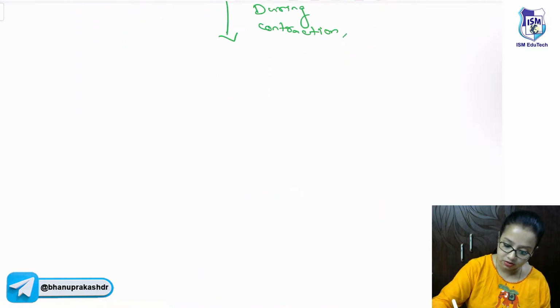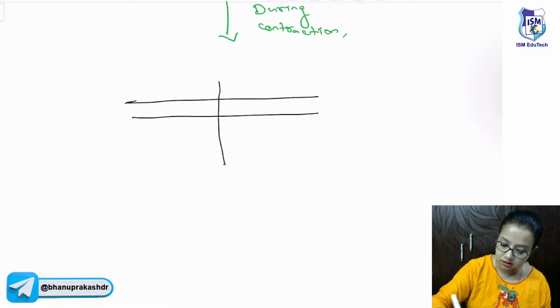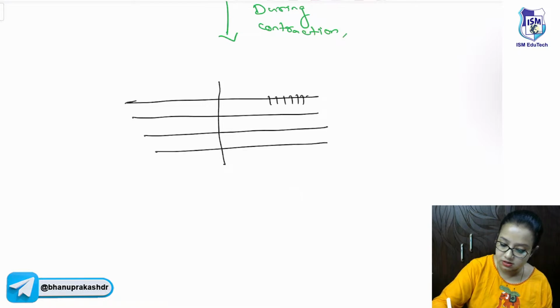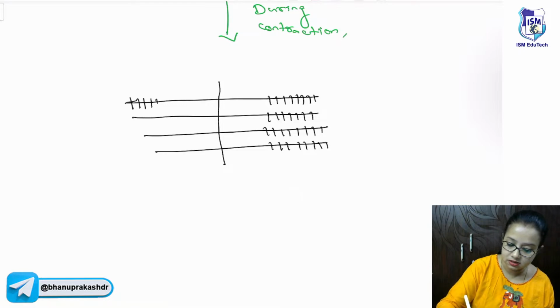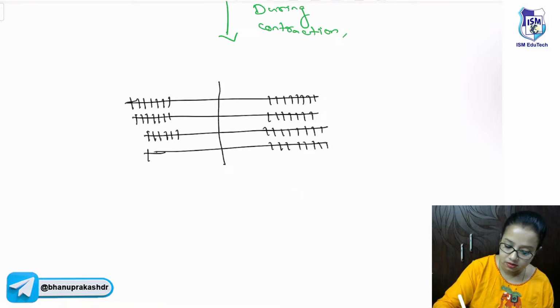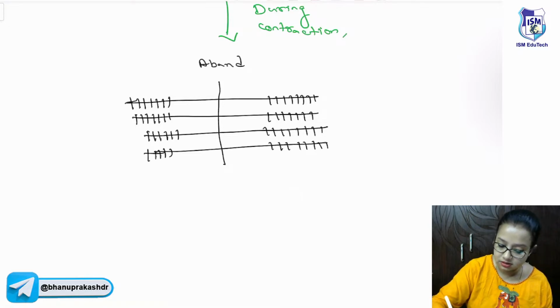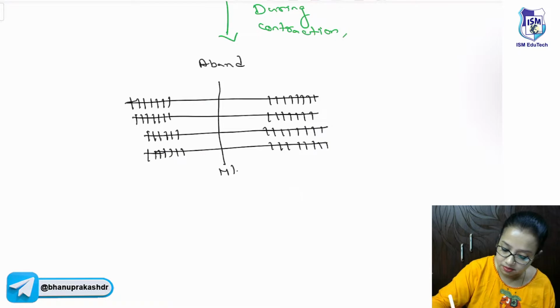Very quickly we are going to draw the A band. So this is the A band, that is the myosin filament. The A band, this is the M line.